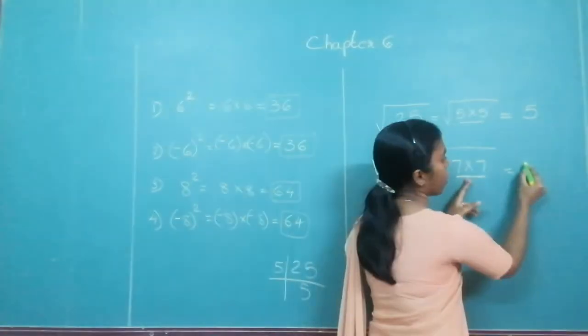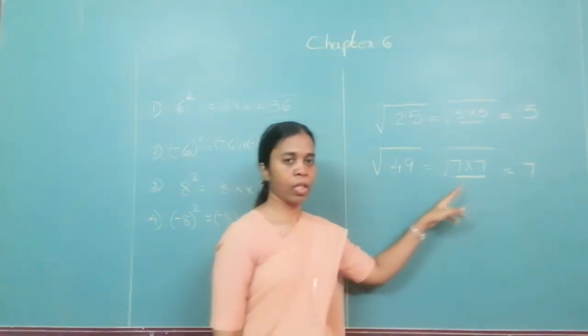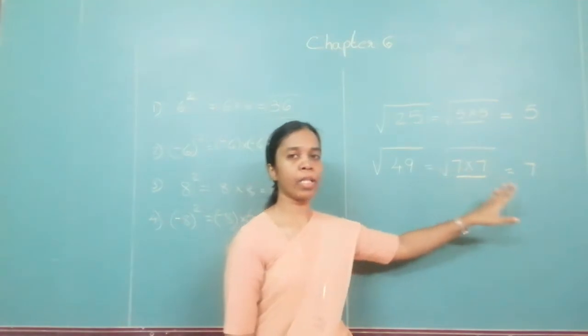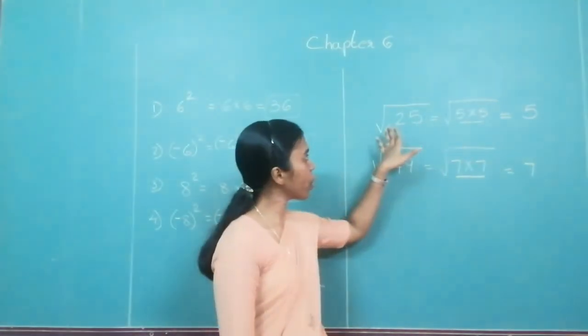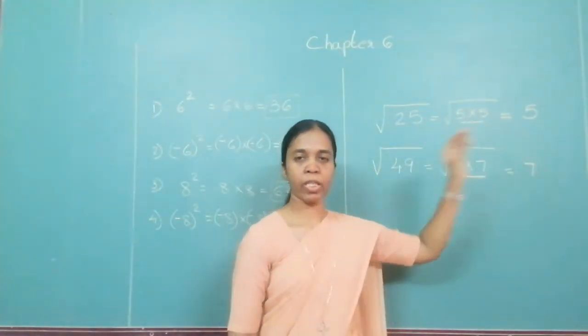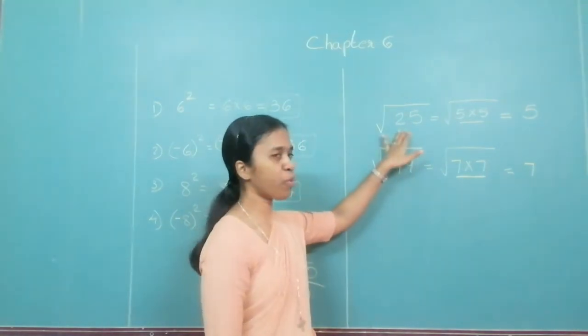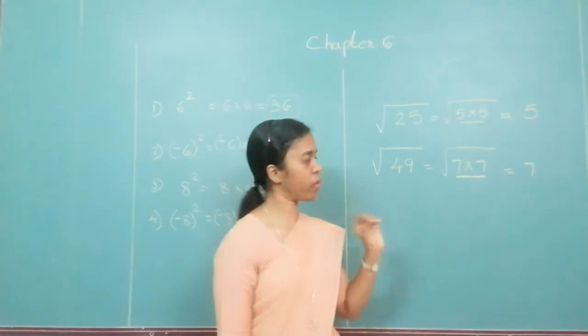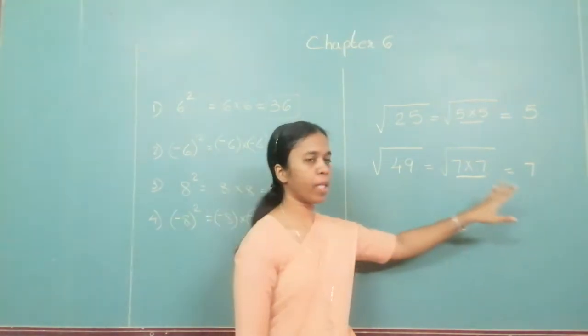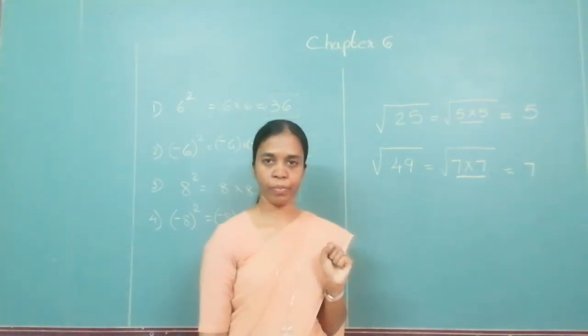So only one digit comes out, that is 7. That is, square root of 49 is 7. Square root of 25 is 5. Are you getting it?